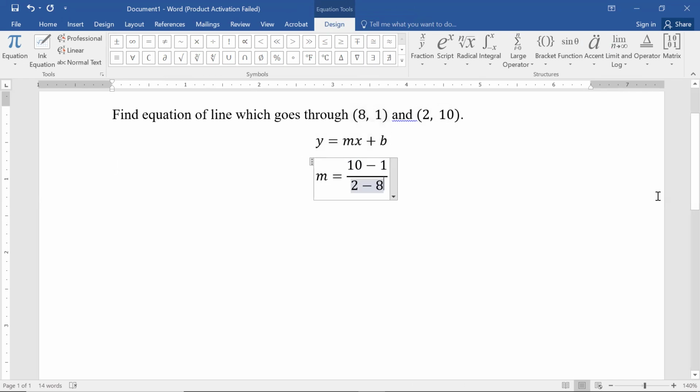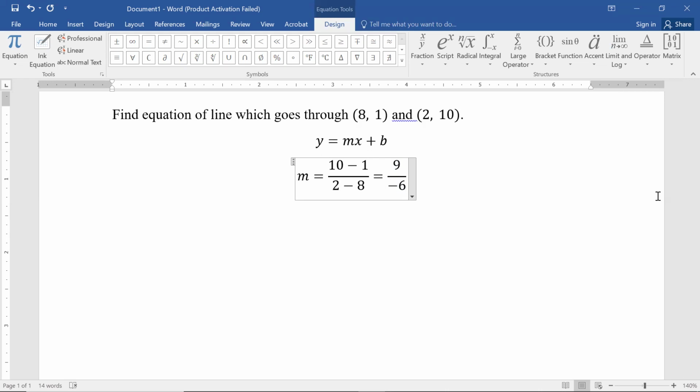So I have 10 minus 1, that's the difference in the y values. That, by the way, is a 9, divided by 2 minus 8, which is negative 6.